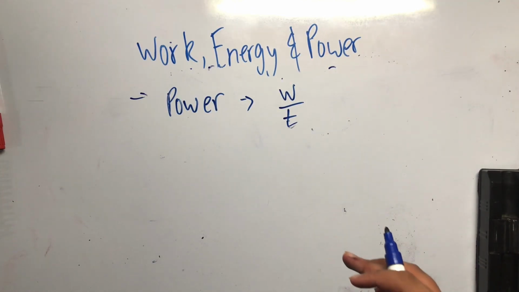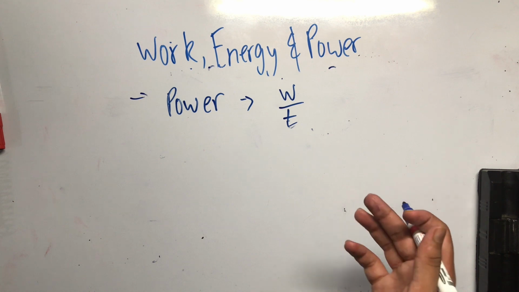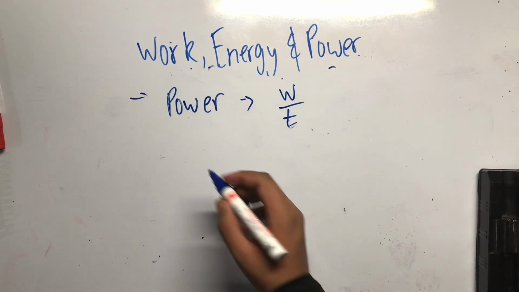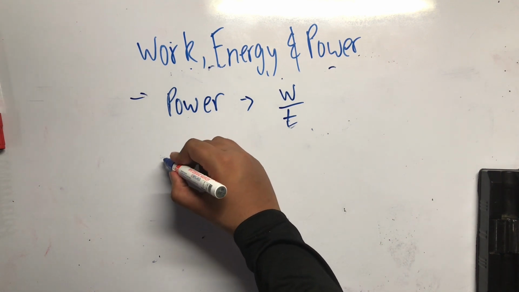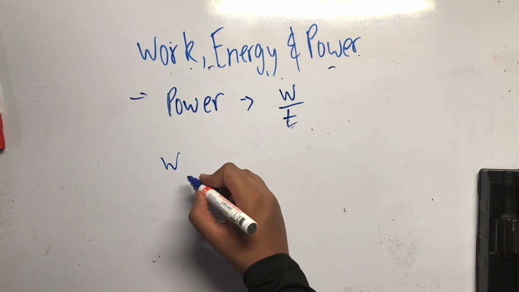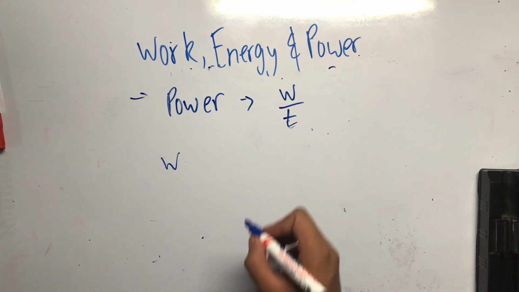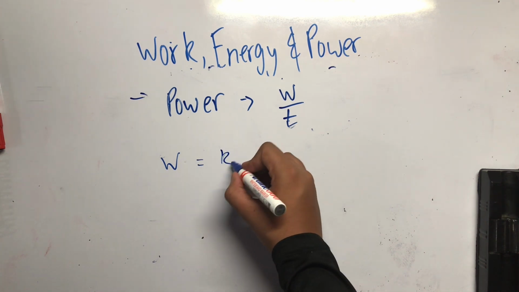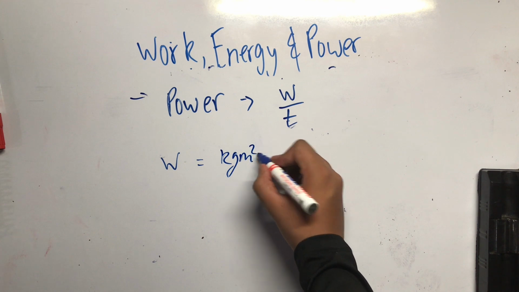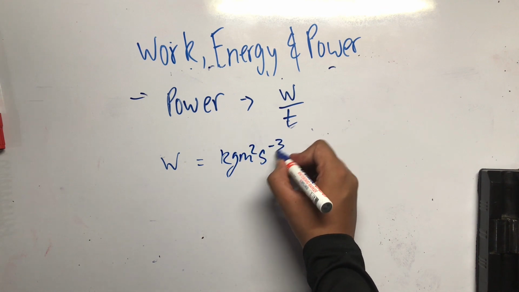Now let's talk about power. Power is the rate at which the work is done. So it essentially measures the time which the force takes to displace a particular object from one point to another point. So it just measures the rate at which the work is done. It is measured in the unit of watt, and the derived unit of watt is equal to kg meter square per second cube.